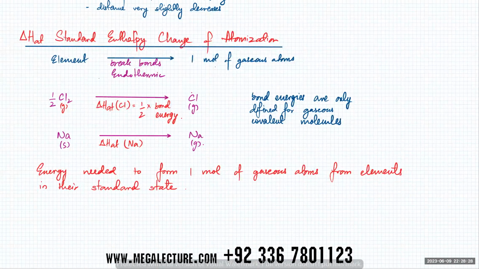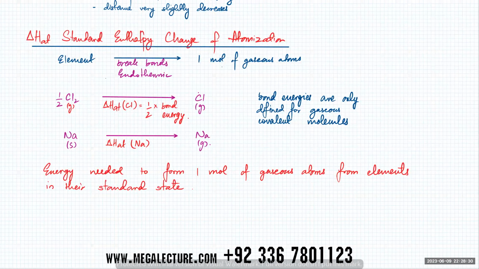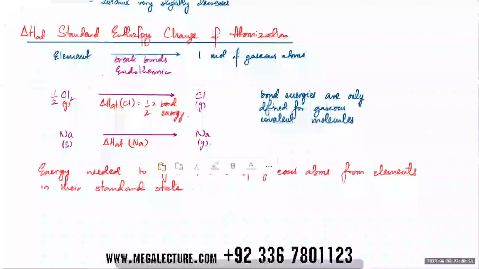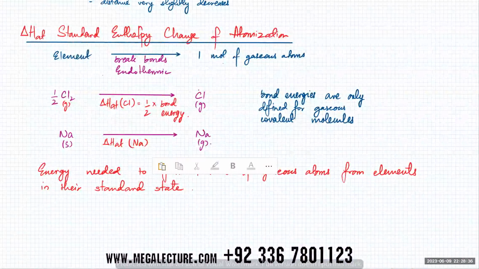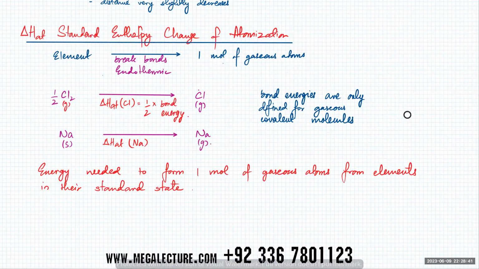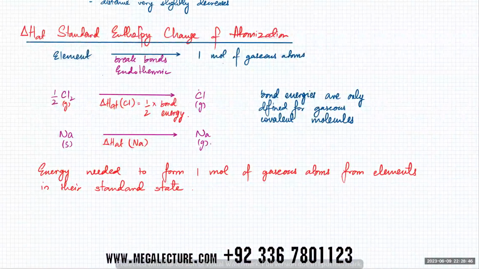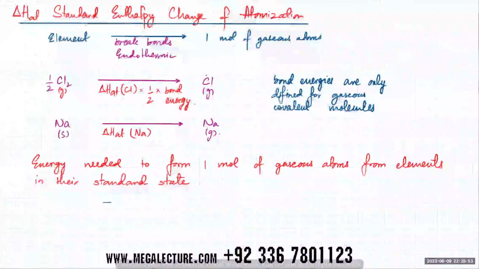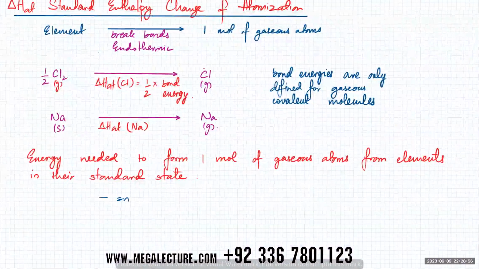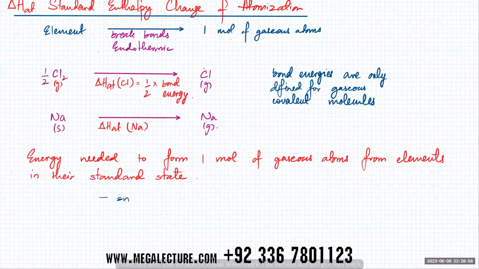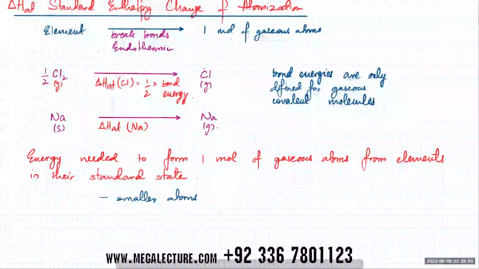Which atoms make stronger bonds? Do you have any idea which atoms make stronger bonds? Always remember, smaller atoms make stronger bonds because they're small, and therefore the shared electrons are very close, the bond length is smaller. Plus, they're less shielded as well, so they're more attracted to the shared electrons.